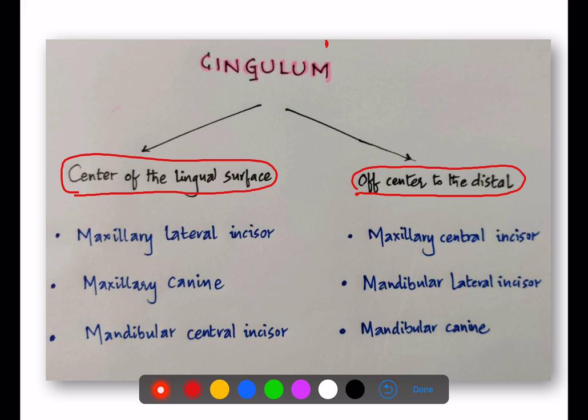The teeth having the cingulum at the center of the lingual surface are the maxillary lateral, maxillary canine and mandibular central, whereas the cingulum present off center to the distal, that is a little bit away from the center of the tooth, is in the maxillary central, mandibular lateral and mandibular canine. So please note this point.